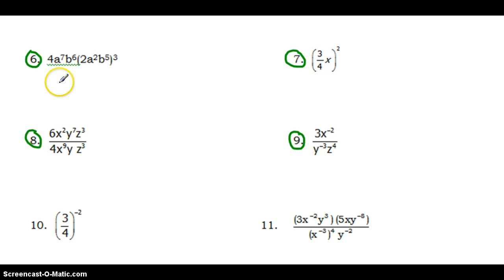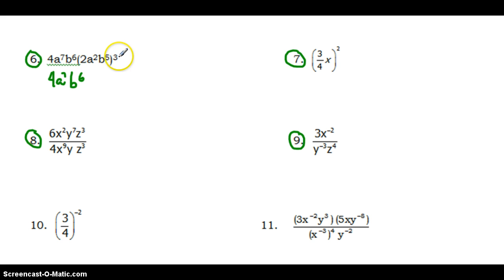So if we look at number 6, we have 2 parts here. And just like in the order of operations, when we have variables, you must do this exponent first, so the power first before you then multiply it by here. So this will get written down why we will distribute this power.